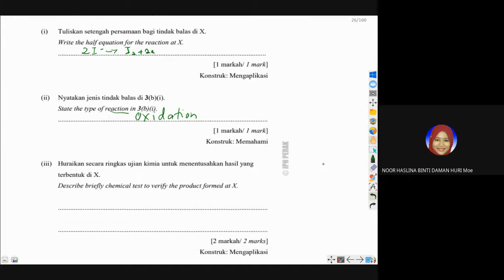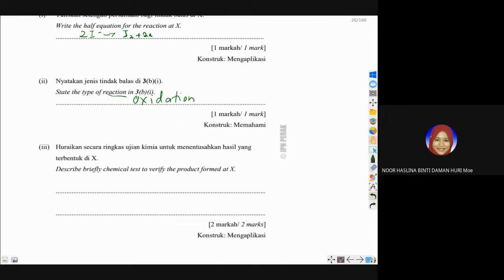Describe briefly chemical test to verify the product formed at X. Okay, what is the product formed? The product is iodine. So, how to test the iodine in your lab? Awak belajar kan? Selalu guna dalam bio. So, firstly, you must add a few drops. Nak buat apa?